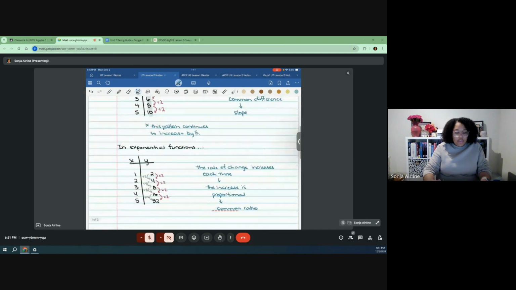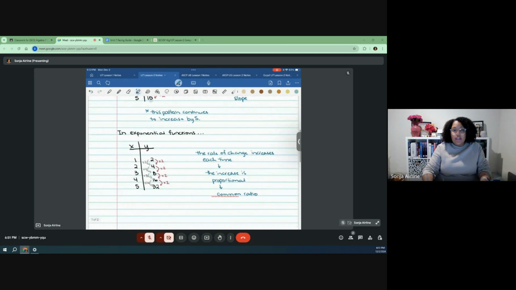In exponential functions, we noticed that the change was changing. So if you look at this part of my table where I'm showing how the sequence is changing, my 2, 4, 8, 16, 32 did not have a change that stayed the same.